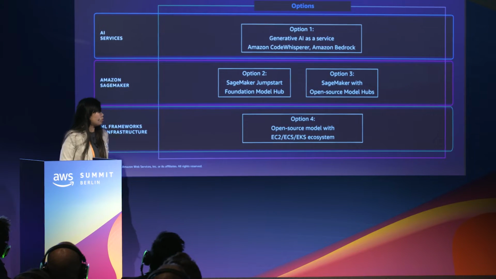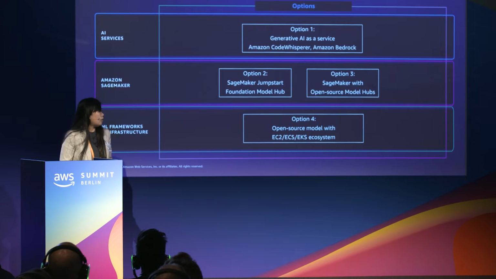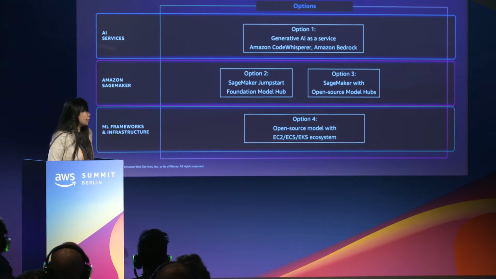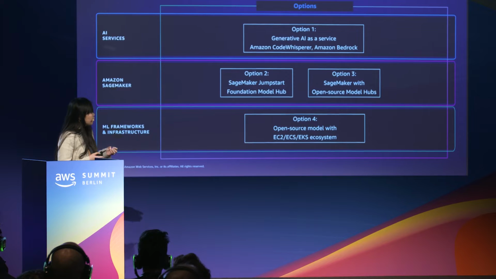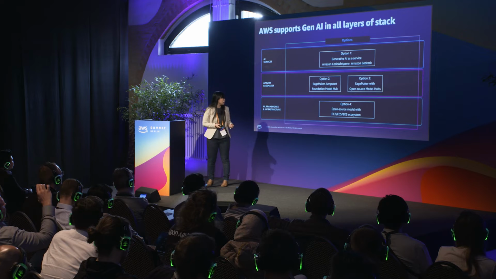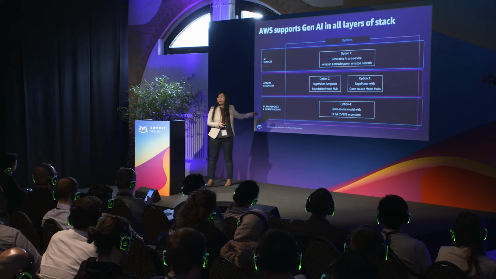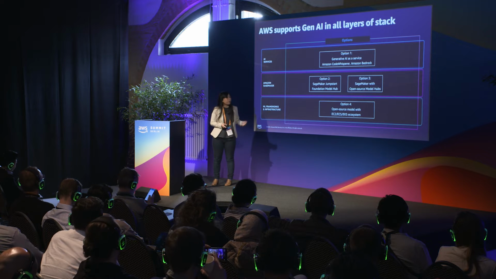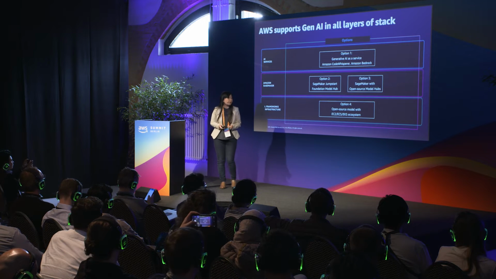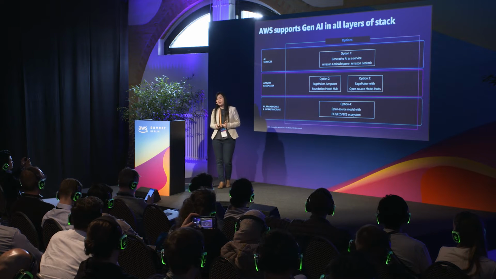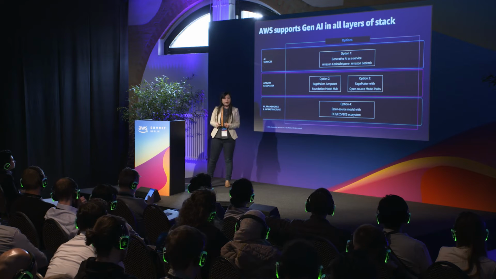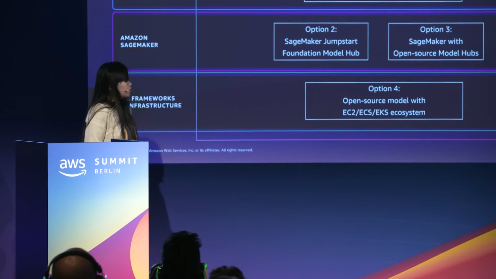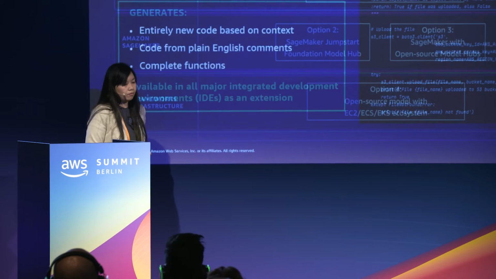And you can also work with SageMaker on open source model hubs like models on Hugging Face, and you can have more options there. And the third layer, hope people in the back can see it clearly, the machine learning frameworks. Some people also leverage our EC2, ECS, and EKS system to train and build inference for your model on it. So these 4 options are all available on our platform.